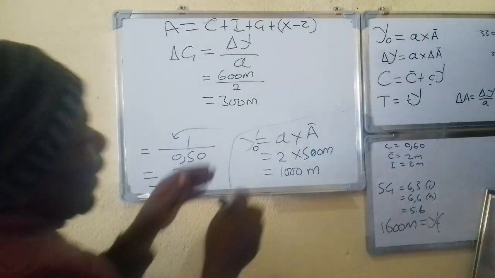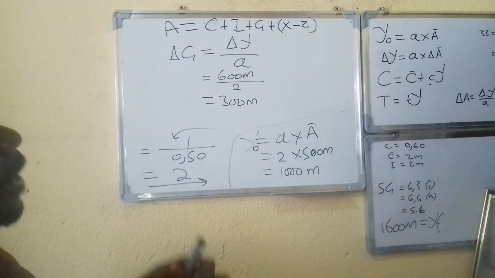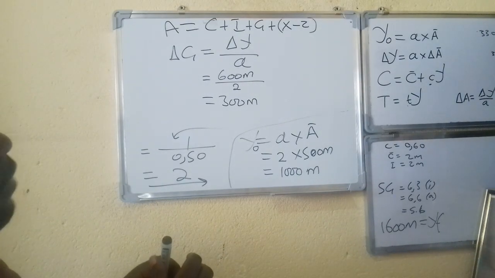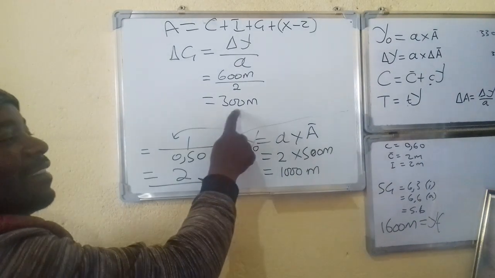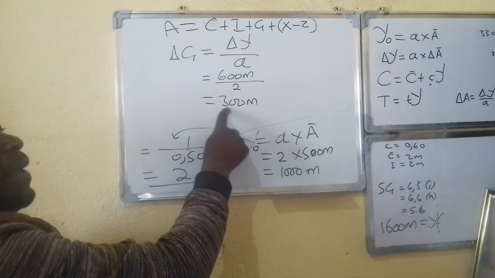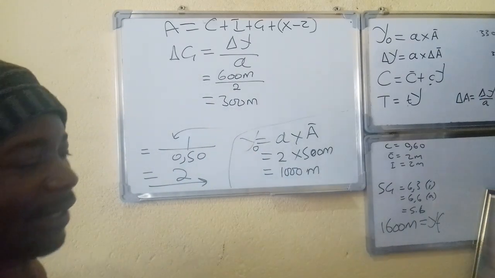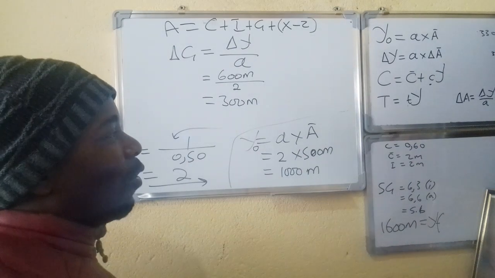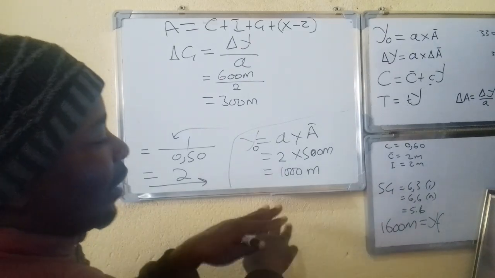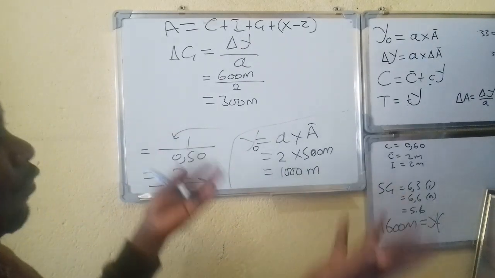Now, what if, and now they are saying, if we are given a change in government expenditure, okay? And we are looking for a change in income or a change in equilibrium level of income to reach full employment.